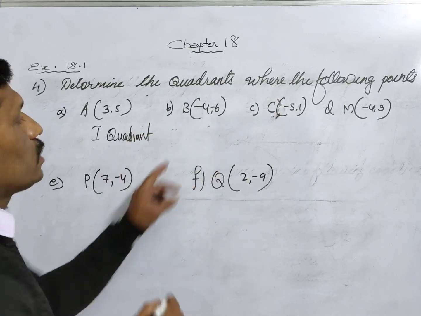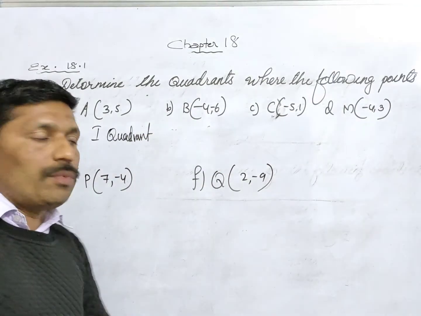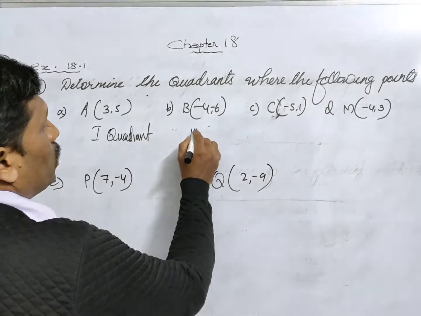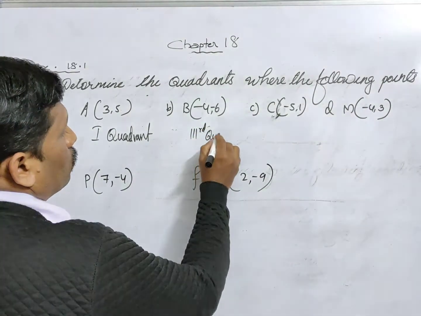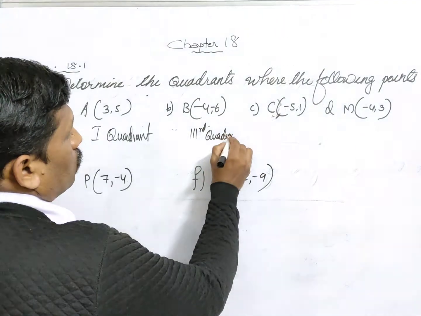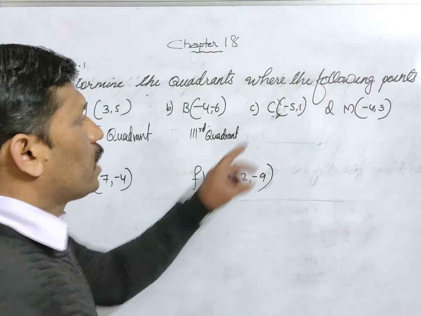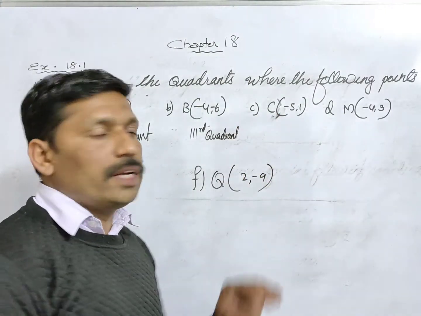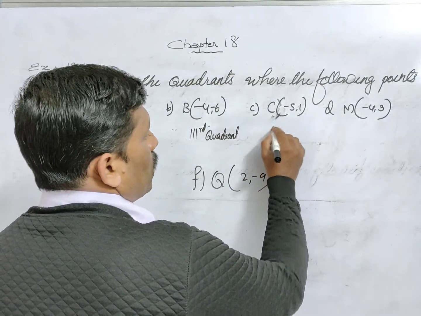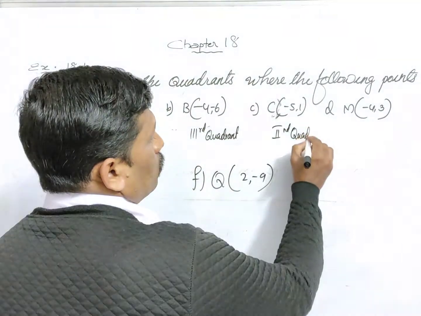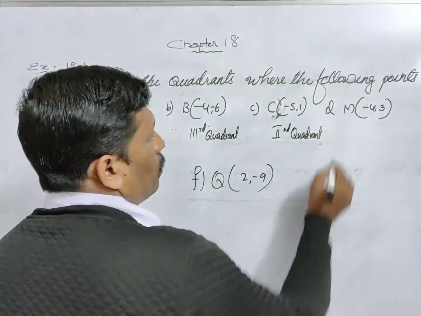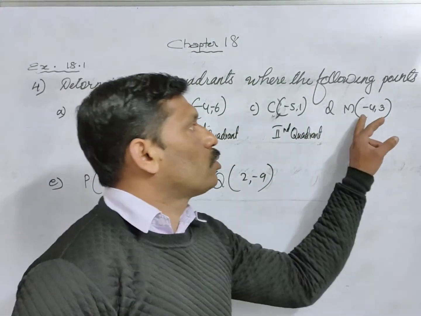And here x coordinate and y coordinate both are negative, so that lies in the third quadrant. And here x coordinate is negative and y coordinate is positive. That means it lies in the second quadrant. And here x coordinate is negative.